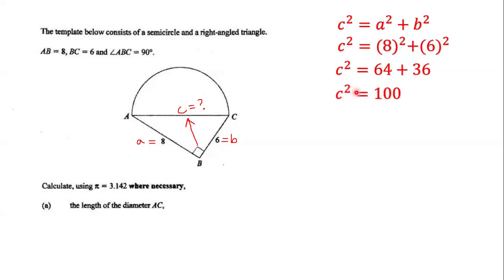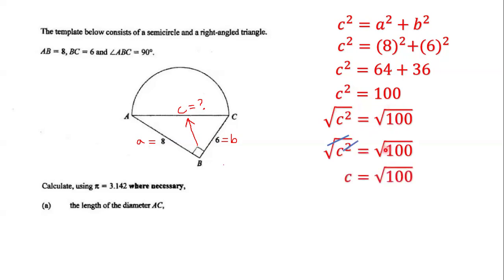So C squared is equal to 100. Next, we take the square root of both sides, so C is equal to the square root of 100. The square root of 100 is definitely 10. So the length of the diameter AC is 10.